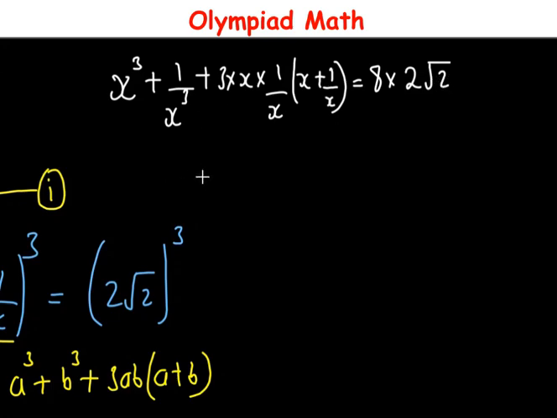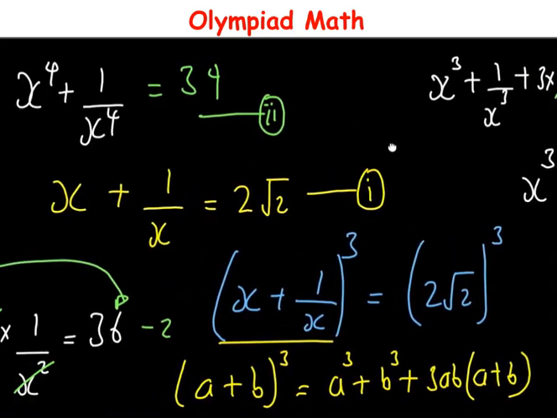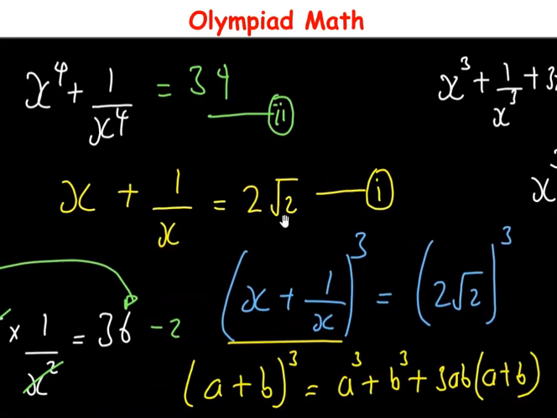So from here, we have x raised to power 3 plus 1 over x cubed plus 3. So x, we cancel x, we have 3. And x plus 1 over x, from equation 1, equals 2 root 2. So we write down 2 root 2 in place of x plus 1 over x.